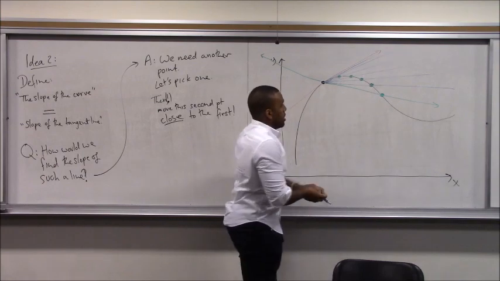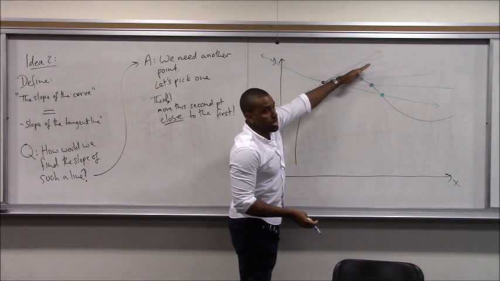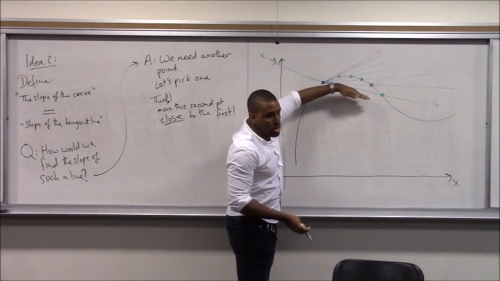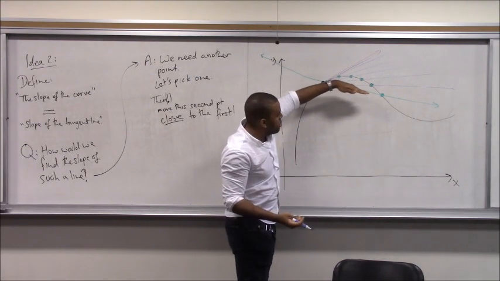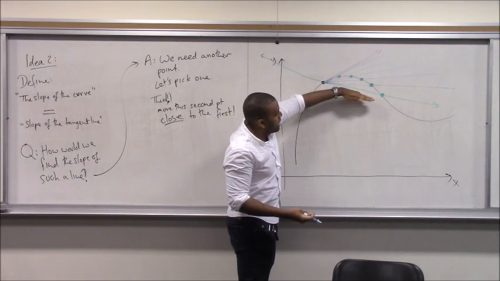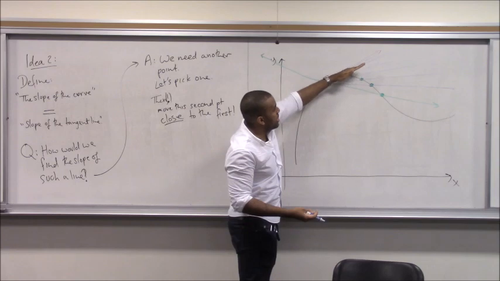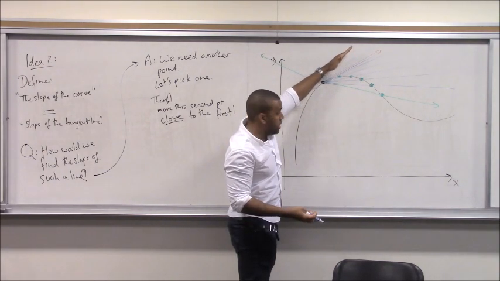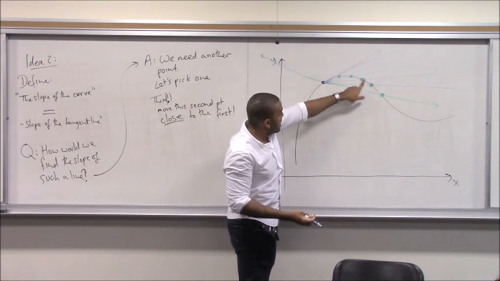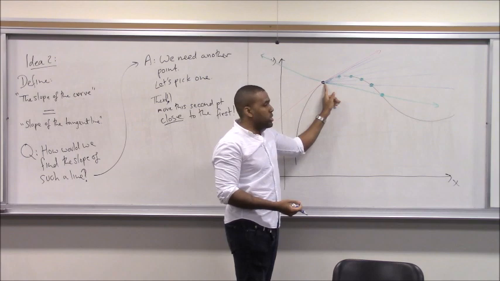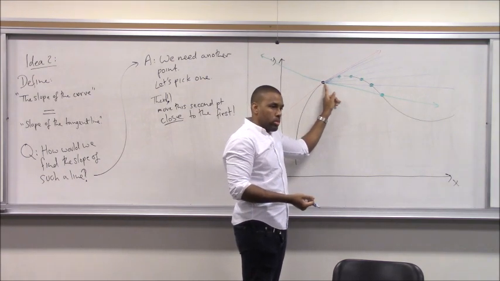These lines are turning themselves into that tangent line, right? So I constructed some other random lines that I don't really care about. But by moving the second point that I picked close to the first, it causes that line to bend and move until it starts to line up with my tangent line. And essentially what I'm doing is I make those points so close together that going through those 2 points is kind of like going through that 1 point.